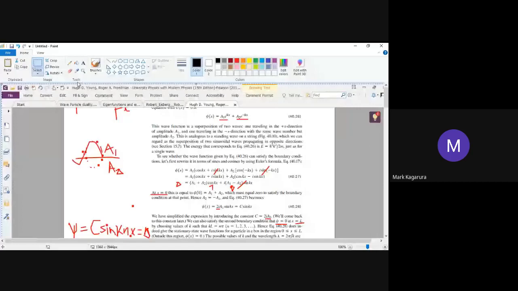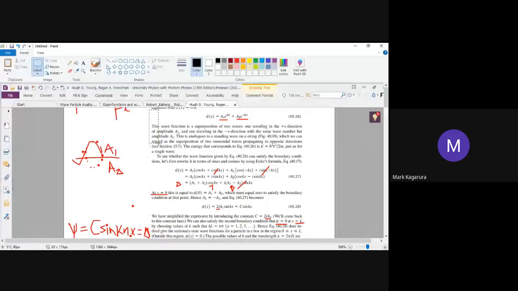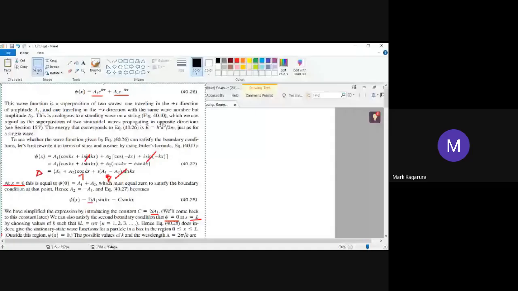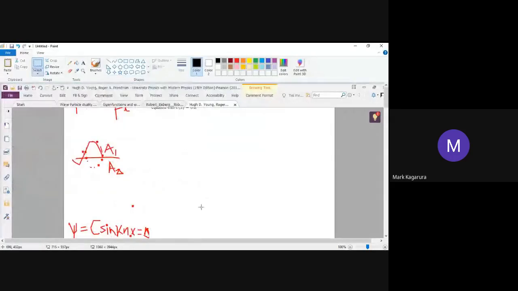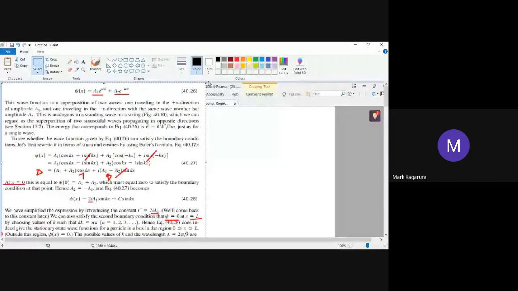So quality suffers usually. Anyway, it has already suffered. Okay, we'll use this other side.